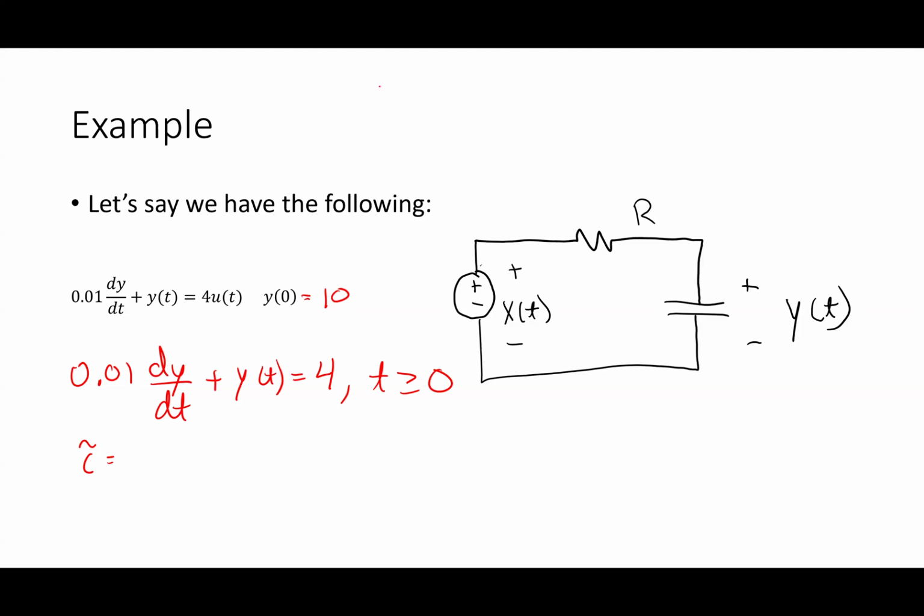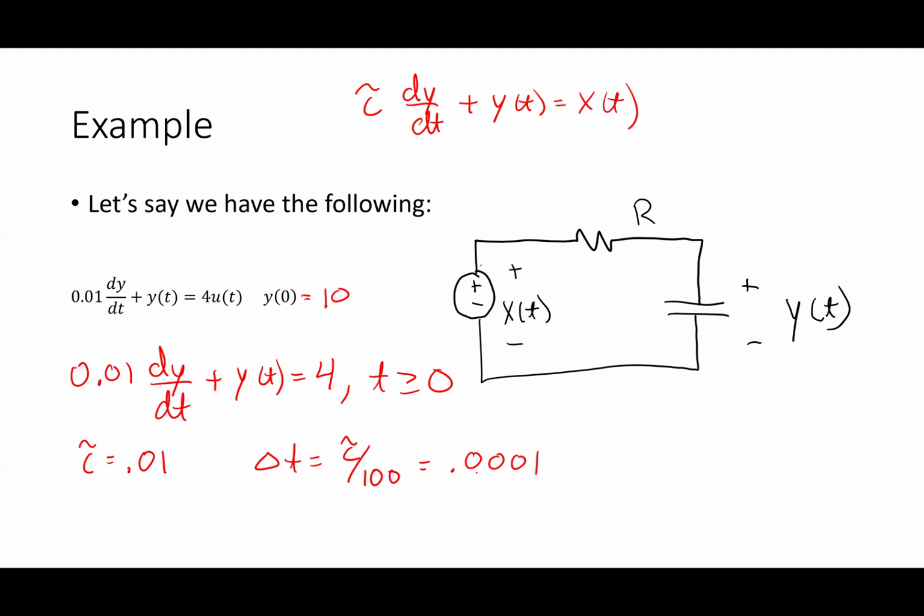The general form of these equations as I take them is going to be tau dy by dt plus y of t equals x of t. What's tau in this case? Yeah, 0.01. And I'm going to choose a delta t in this particular case, and I'll say why I do that later. I'm going to say it's tau over 100. So what would that be? 0.0001. That would be my delta t.